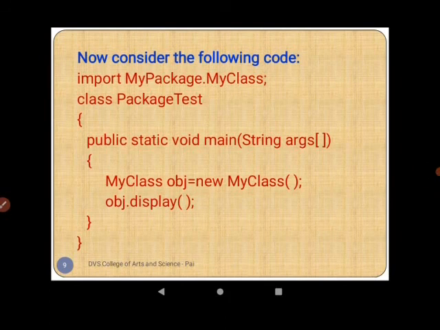We are importing myclass by using the statement import mypackage.myclass; Next we will create an object for myclass by using the statement myclass obj = new myclass(); Now we can access the display method which has been defined within myclass by using its object, that is obj.display().